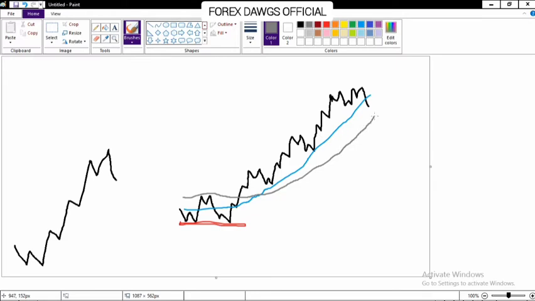So a safety trade is taken as a trade for the next day after a 50/200 cross occurs on the previous day. I will use period separators for you to understand. You see, we had our 50/200 cross here, which was the previous day.